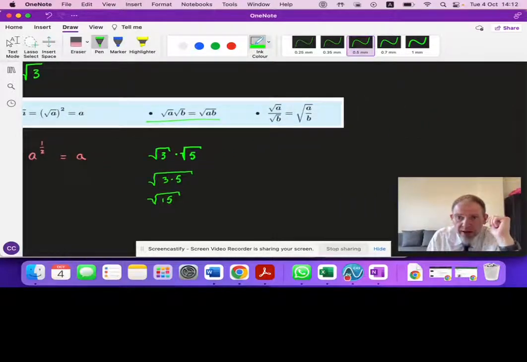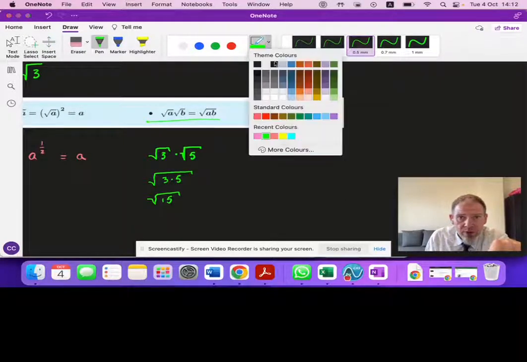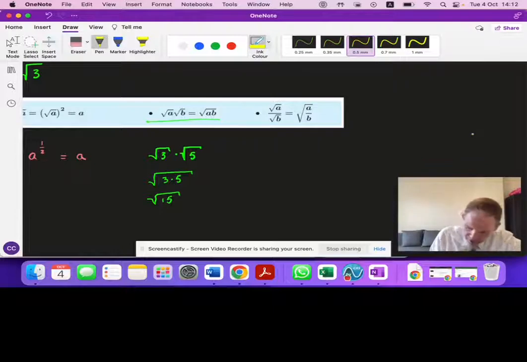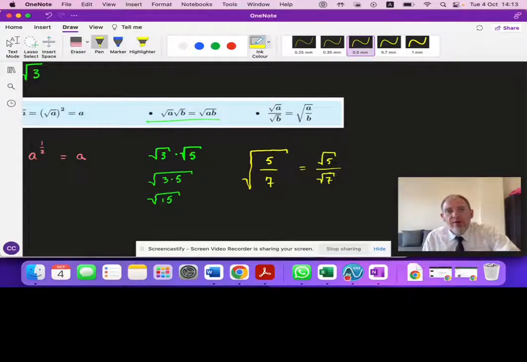Similarly, and it's funny because the rule shows it going from this to there, I normally think of it the other way because that's normally how it comes up. If I have the square root of 5 divided by 7, I would end up with the square root of 5 over the square root of 7. Those are equivalent statements.